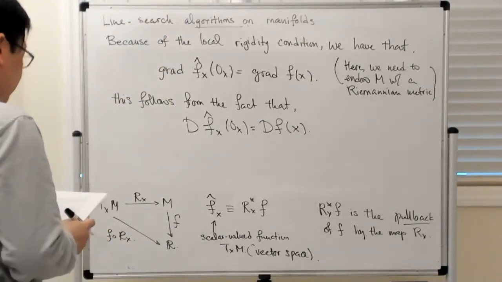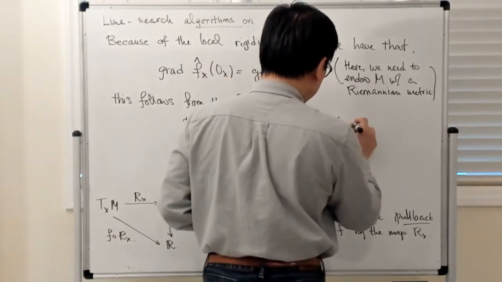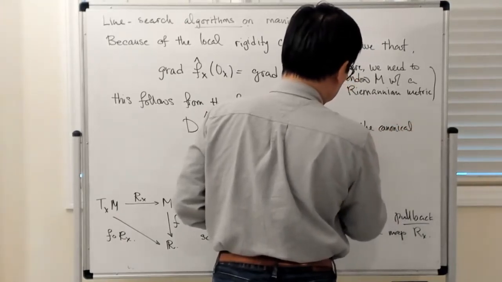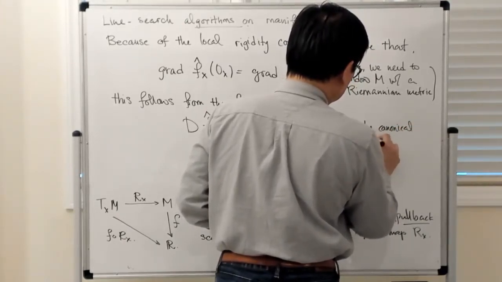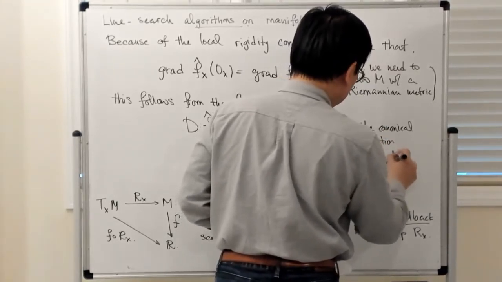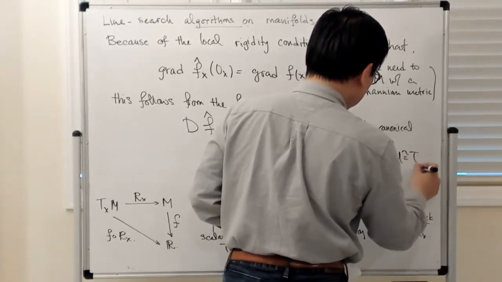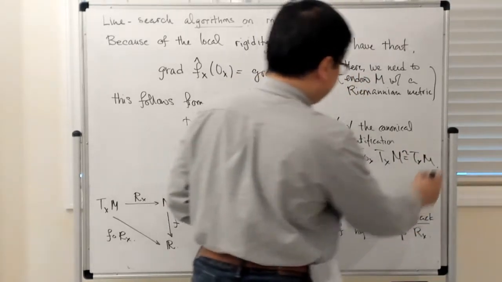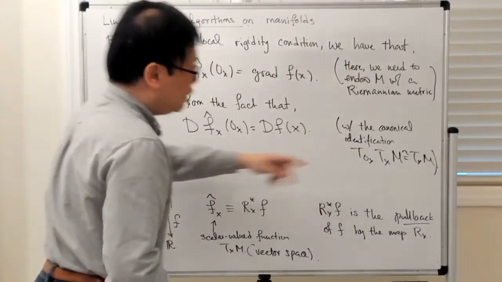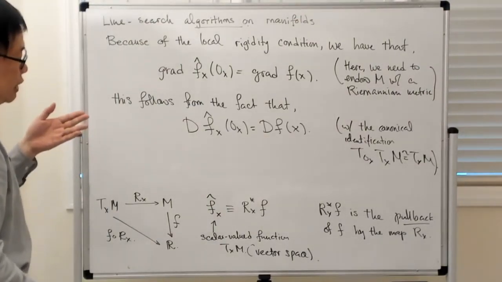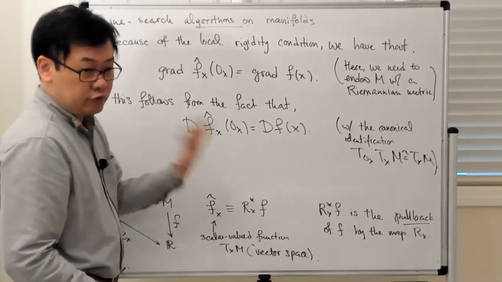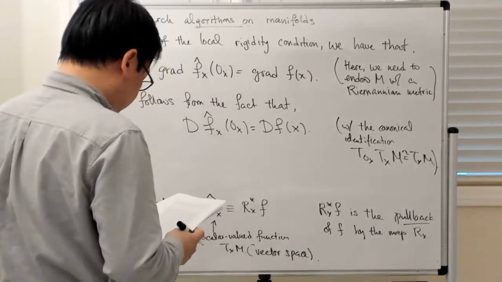Again, with the canonical identification, the tangent space at the 0 vector of the tangent space at x of M is identified with the tangent space at x of M. So those two things are equal with this canonical identification, so long as the retraction which was used to define this f hat of x has this local rigidity condition.